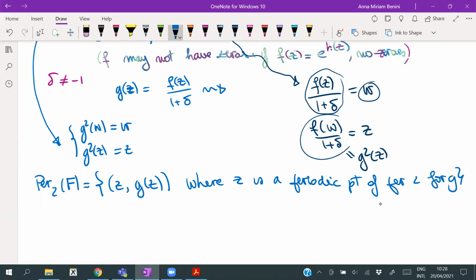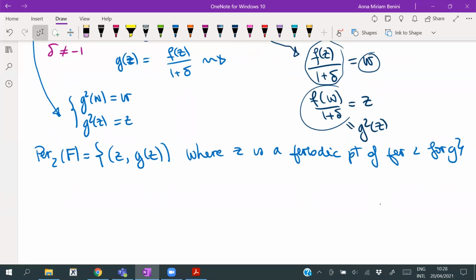And now you will complain. So what did we gain with respect to points of period 1? Well, now we have a theorem by Bergweiler.